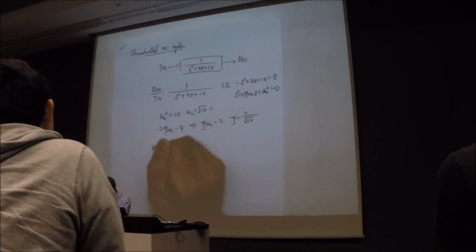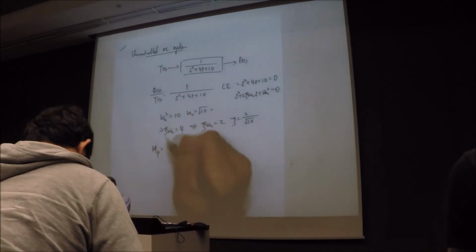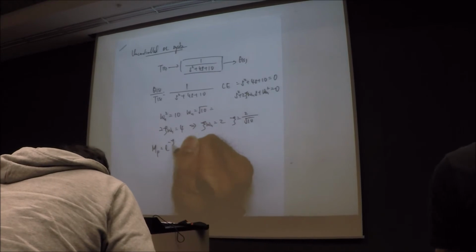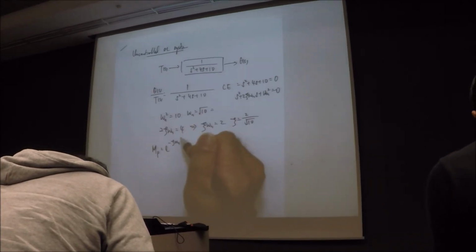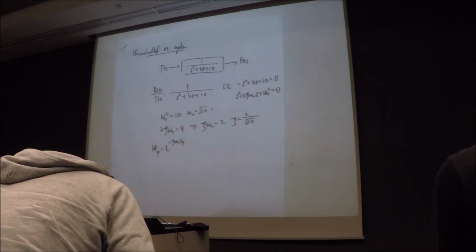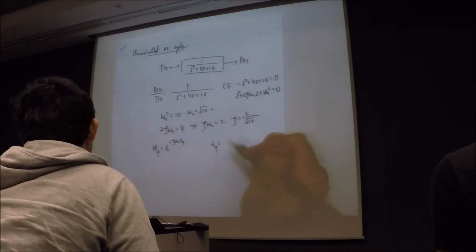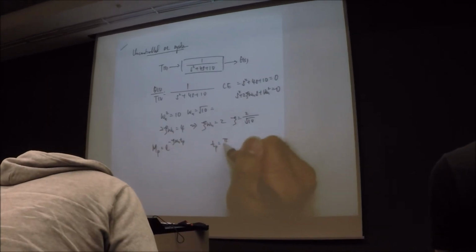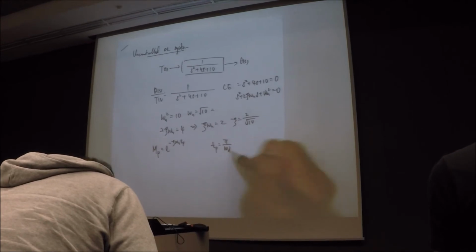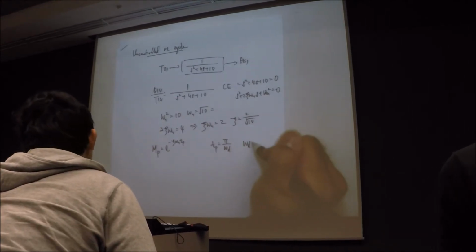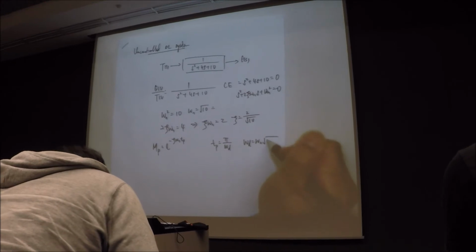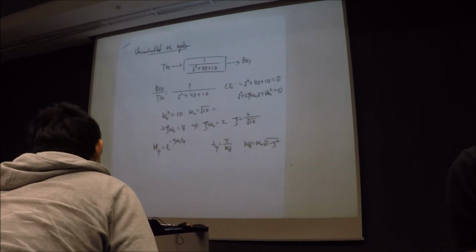This is basically given in your notes: e to the power of minus zeta omega n Tp. You need to work out Tp. Tp is your peak time, equal to pi divided by omega d. What is omega d? Omega d is equal to omega n multiplied by square root of 1 minus zeta squared.